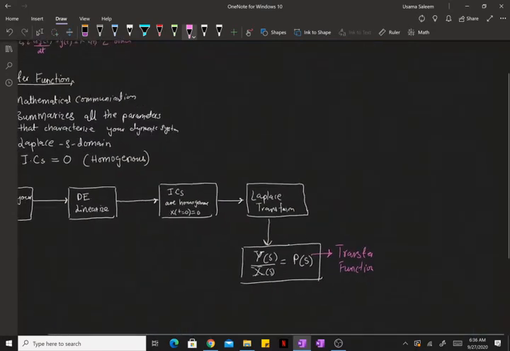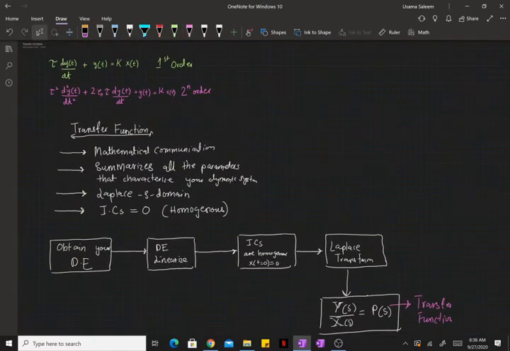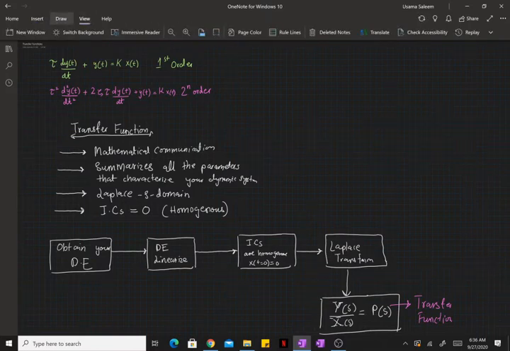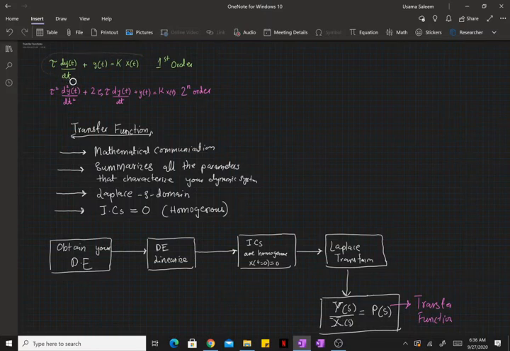Okay, now let's apply this procedure for our first order model that we have here. So I'm just going to copy it below.